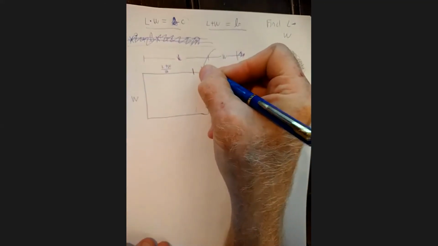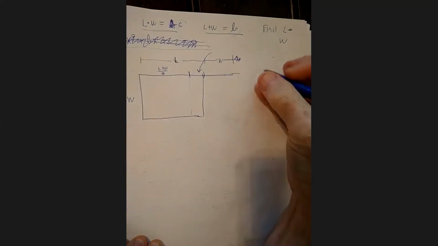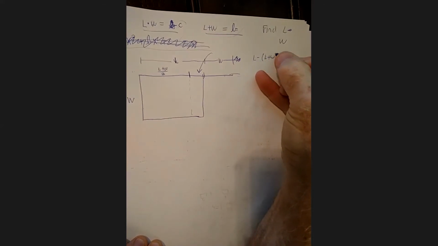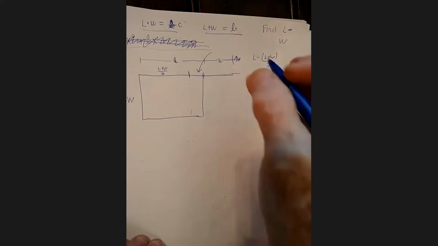You should be able to figure out what that is by looking at L minus L plus W over 2. So what do you get when you solve that? L minus W over 2?